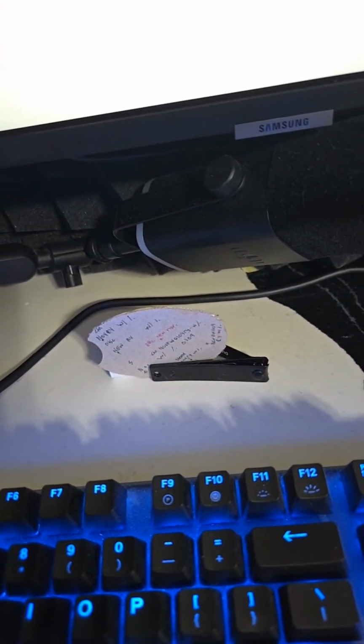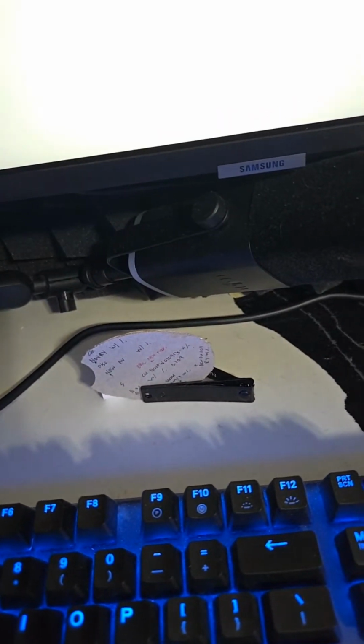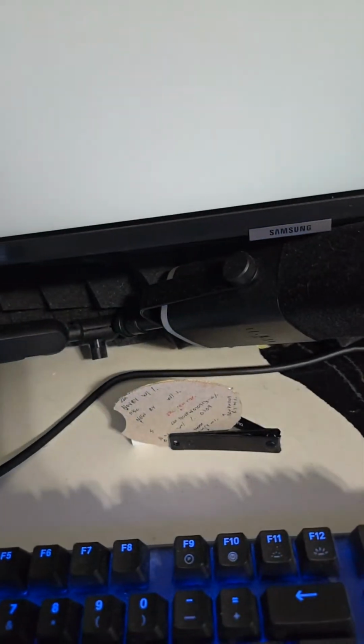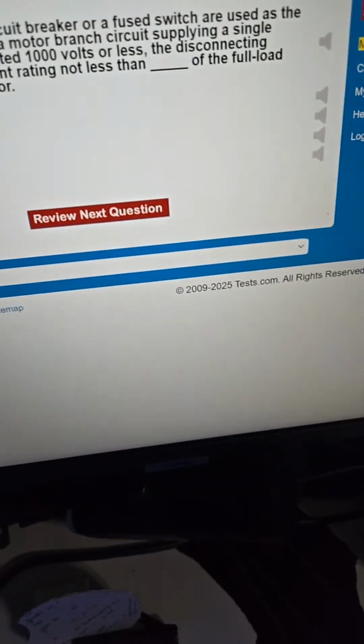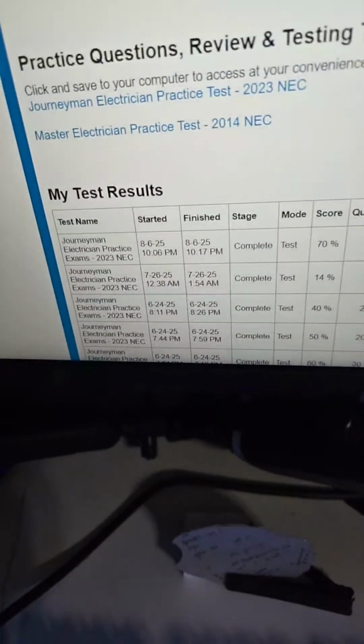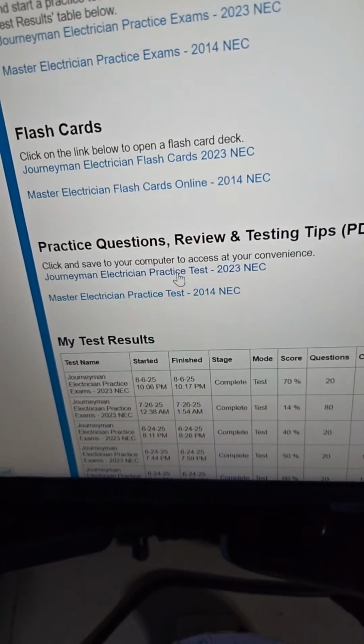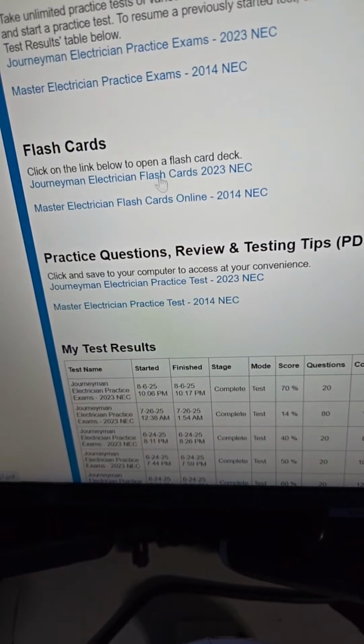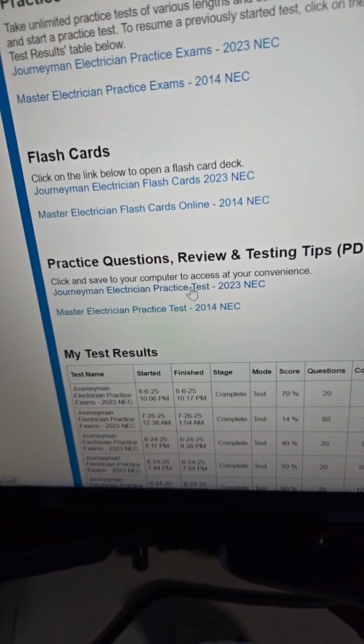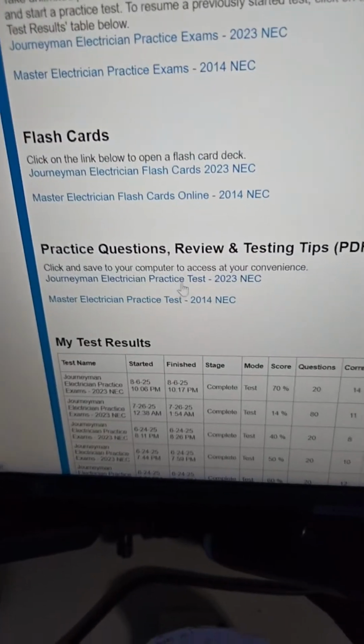Ooh, it did not like that. Can I refresh? Okay, let me go back to my test prep. Let's do a journeyman practice test. Oh, that's a download. We don't want to do that.